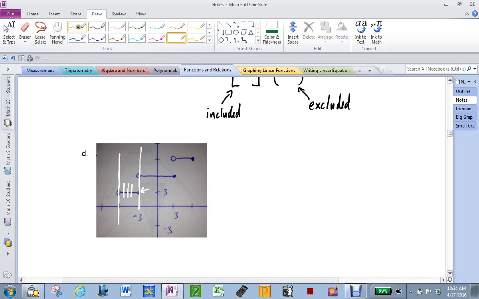So this is what we call a step function. And this, for example, is how BC Hydro charges you money. If you use a certain amount of power, they charge you. If you go over that, they charge you more.